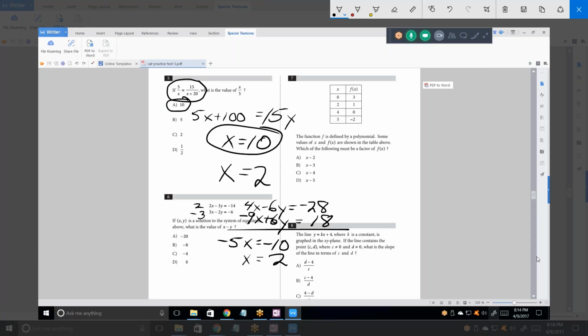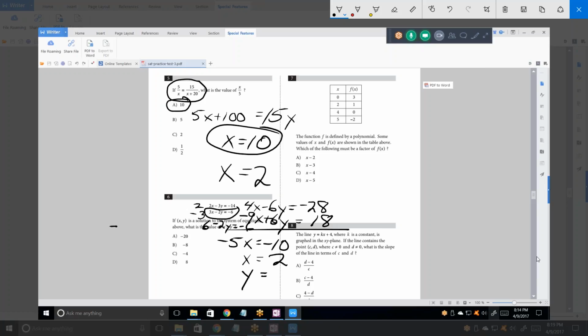What's y equal now? They want x minus y, so we only have to figure out what y is. How do we figure out what y is? You have to plug in 2 for one of the equations. Let's choose the simplest one. I'm going to plug in 2 for x, so I got 6 minus 2y equals minus 6.